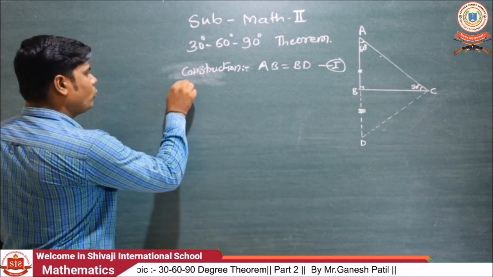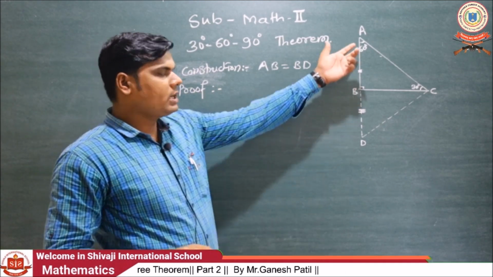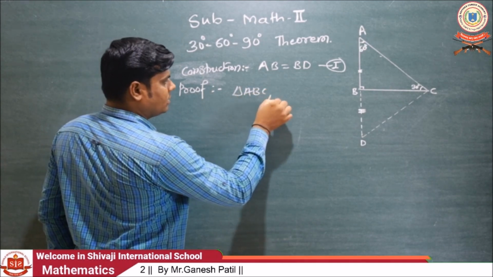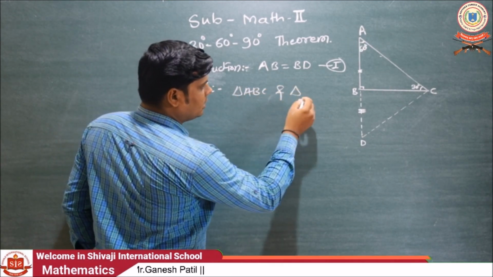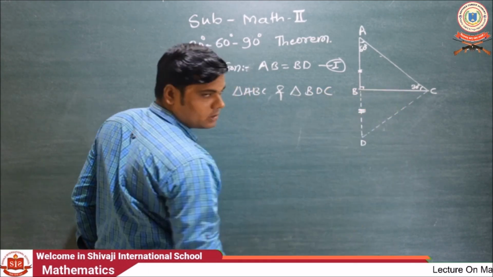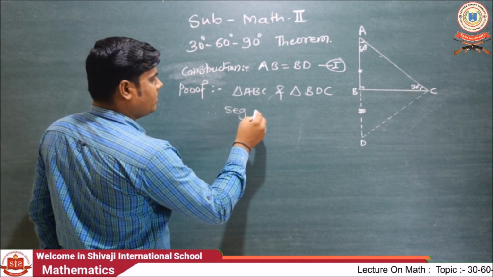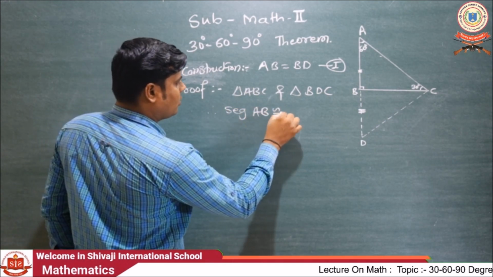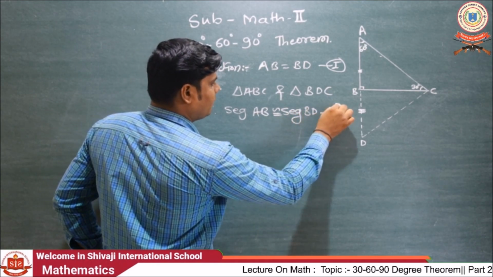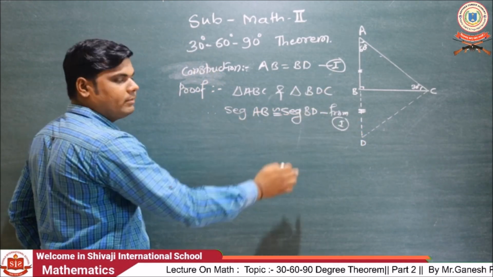Then the proof. First we take the two triangles, triangle ABC and triangle BDC. BDC means this triangle. Segment AB is congruent to segment BD, from equation 1, by construction both are equal.